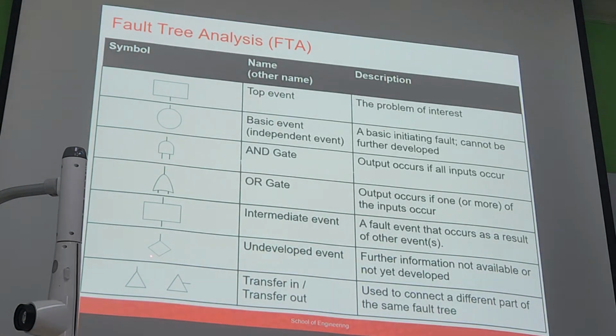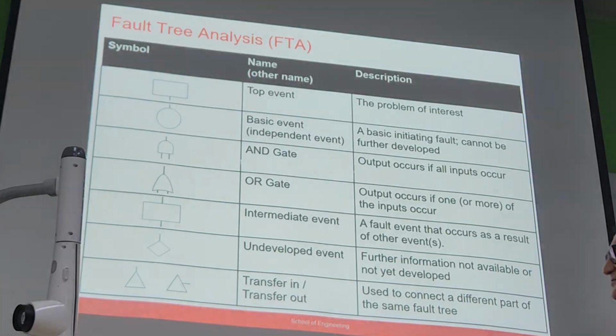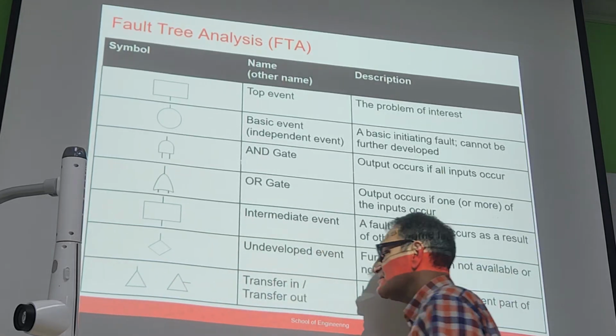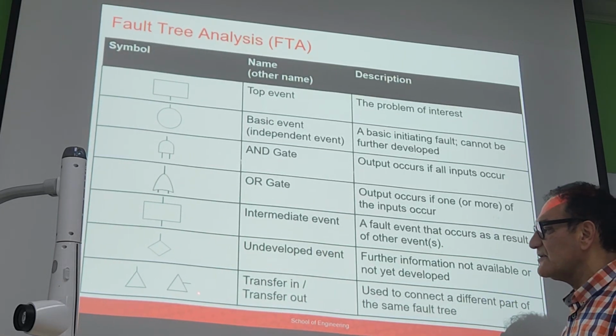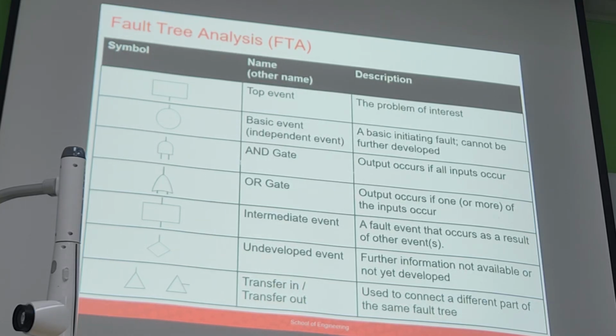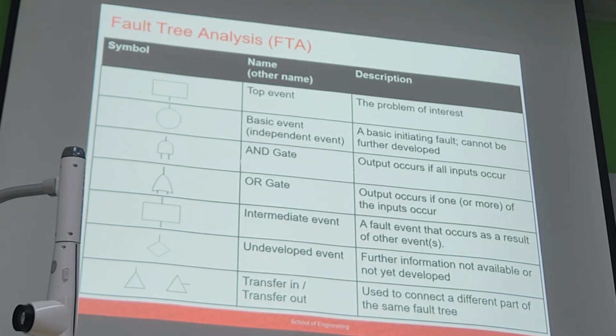Undeveloped event, we use this, and transfer in or out, we can use in is this and out is this with these symbols. Maybe you say, what does it mean symbols? Symbols communicate between you and another engineer.